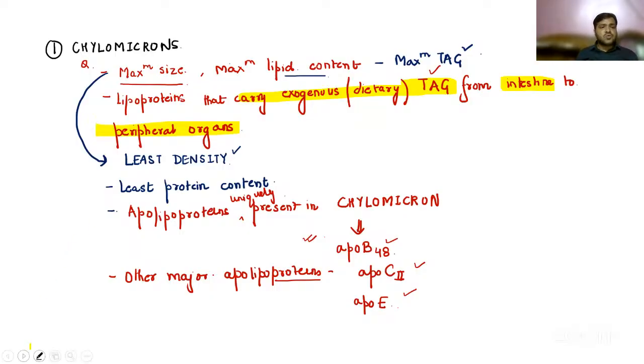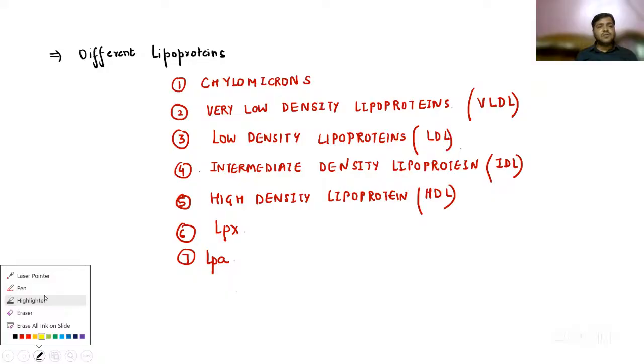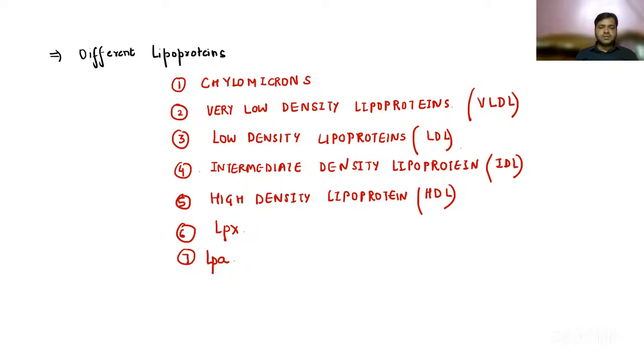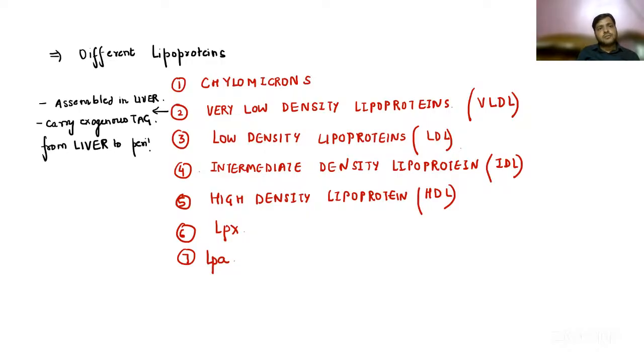Now, coming to the next one, very low density lipoprotein. I am mentioning two points which I feel are important. This lipoprotein is assembled in the liver.